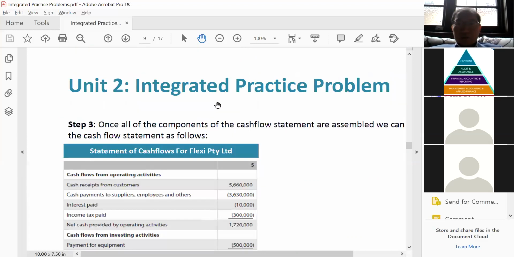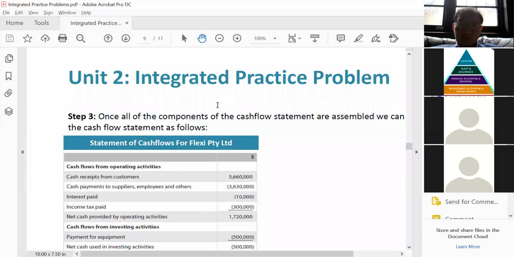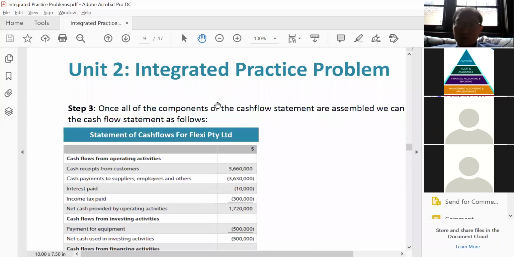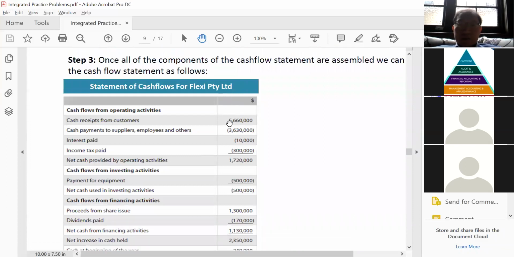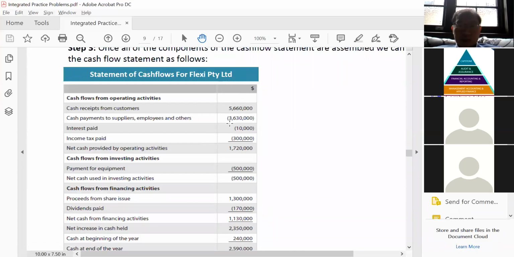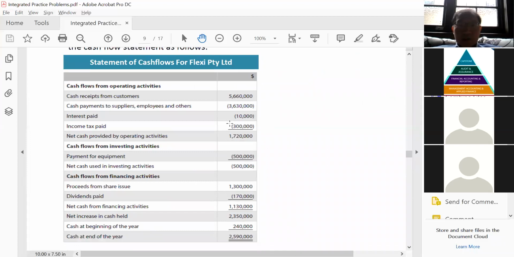And so you take all of these balancing items from the T accounts and you put them into their respective categories. Okay, so this is again, step 3 builds on step 2, and then step 2 builds on step 1. And so this final exercise should really just be a summary of the information that you have so far computed.